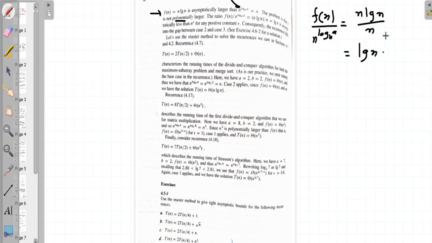So this log n is asymptotically less than n^epsilon. We have to show that f(n) is polynomially larger, that means larger by n^epsilon.